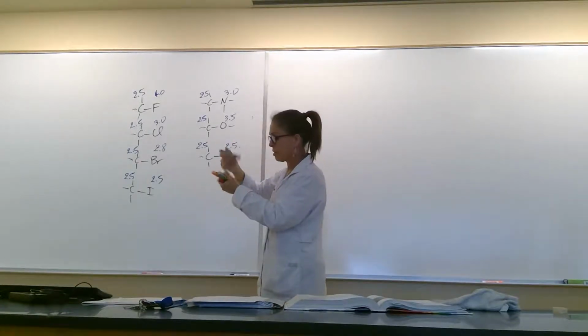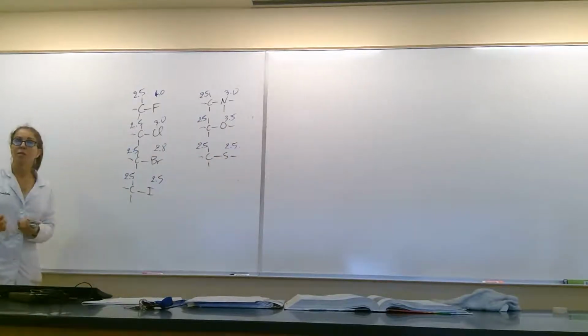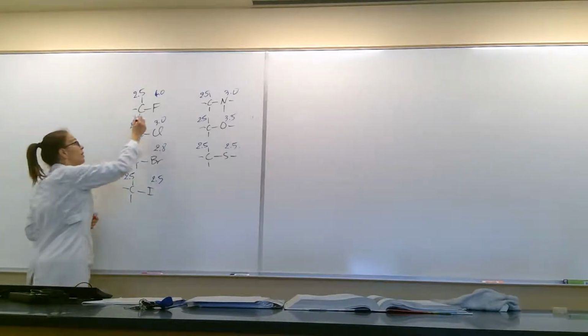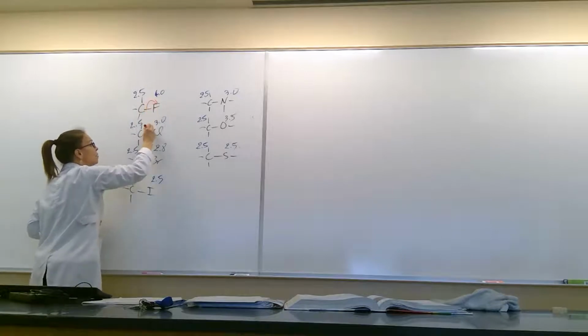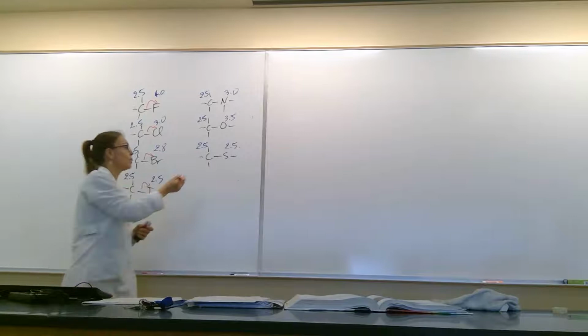So again, just like with hydride, in all of this, which atom will take the electron? The carbon or the other atom? All of these compounds that we studied so far, we saw before.